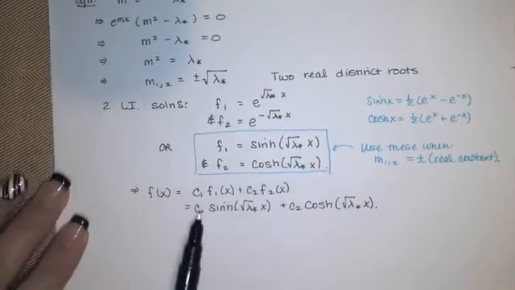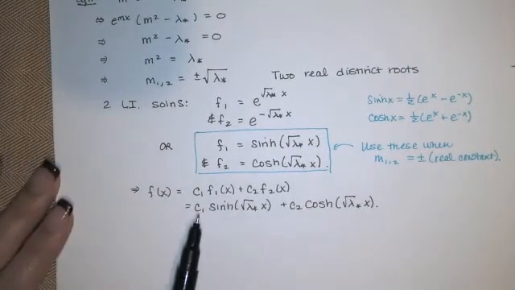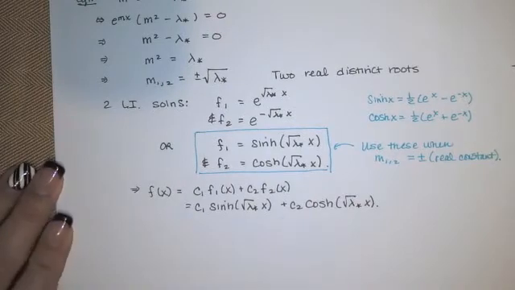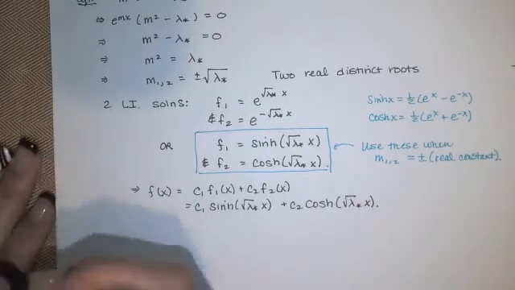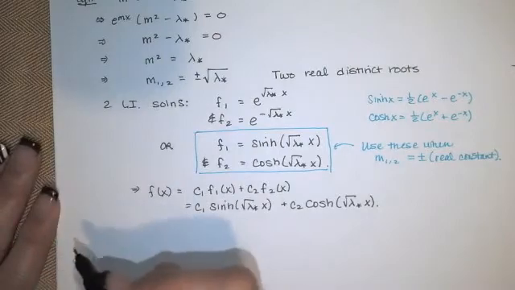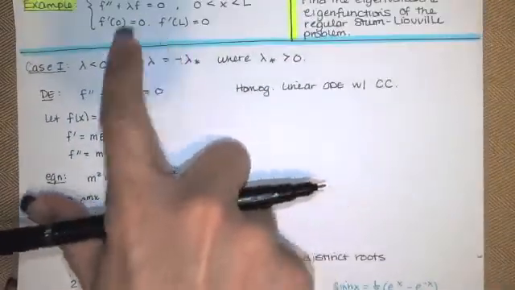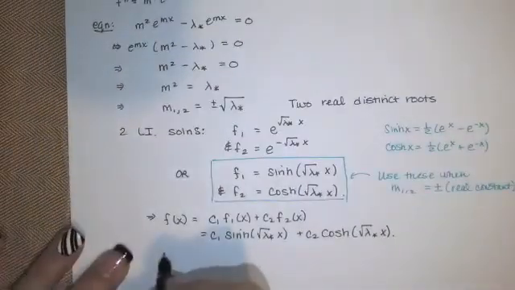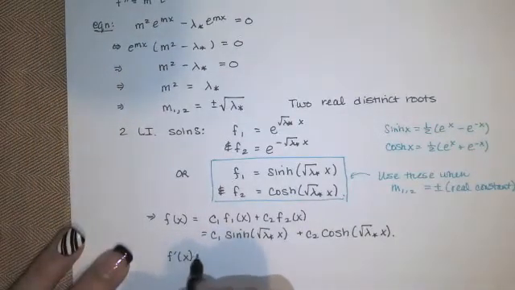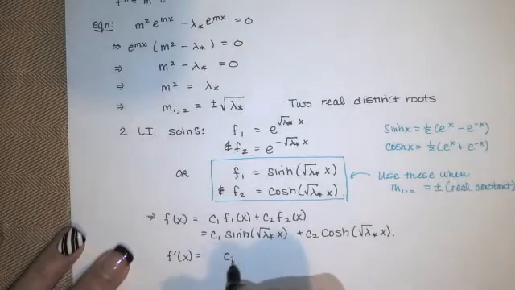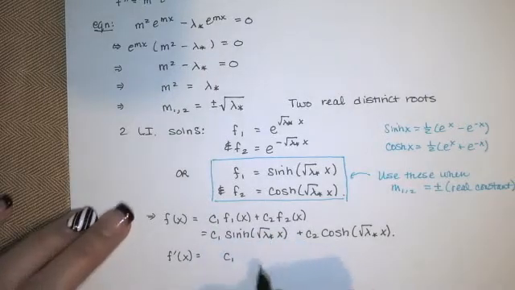All right, so we've got our hyperbolic sine and cosine functions, and we want to find C1 and C2 that cause this function to satisfy our boundary conditions. Now, notice our boundary conditions involve derivatives. So in order to use those, we need to compute f prime. So f prime is C1 times the derivative of this hyperbolic sine function.